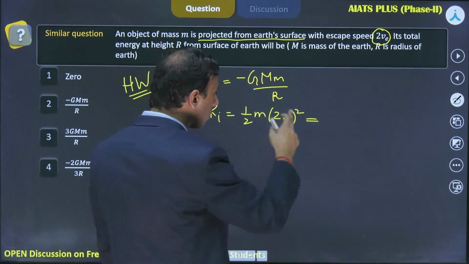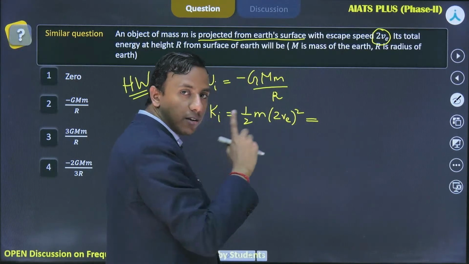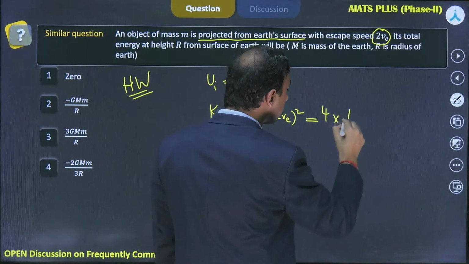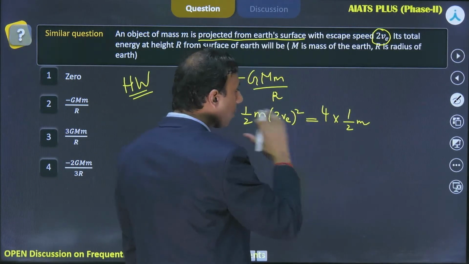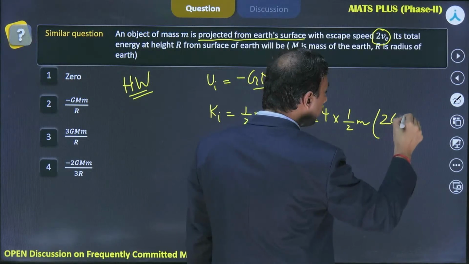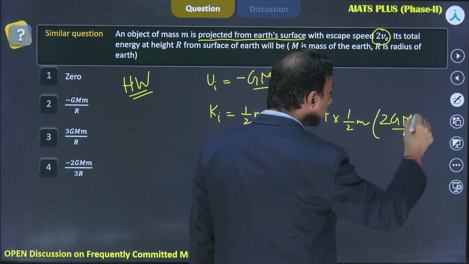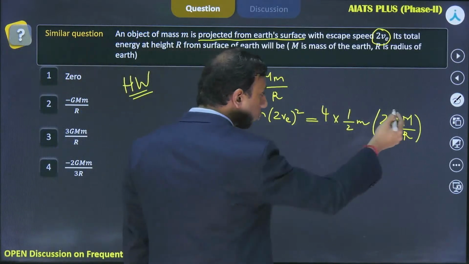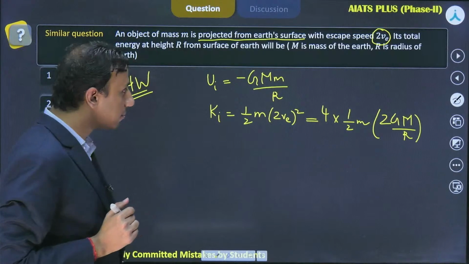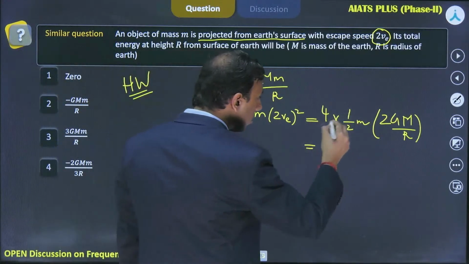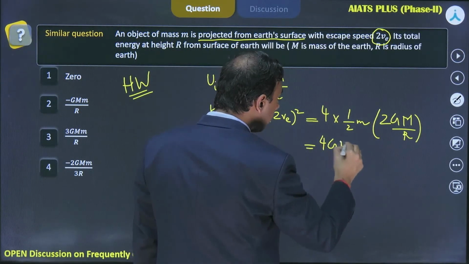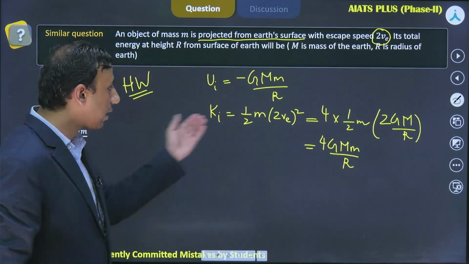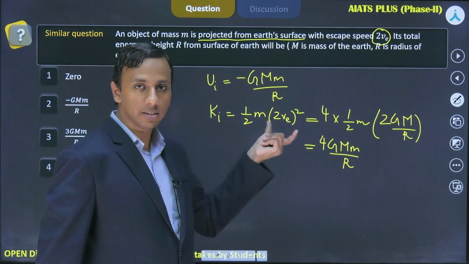So this becomes 4VE square, and VE, as you know, is under root 2GM by R. So it becomes 4 into half m, V square is 2GM by R. So you just have to cancel them. 2 and 2 will get cancelled. So what does this become? 4GMm over R.